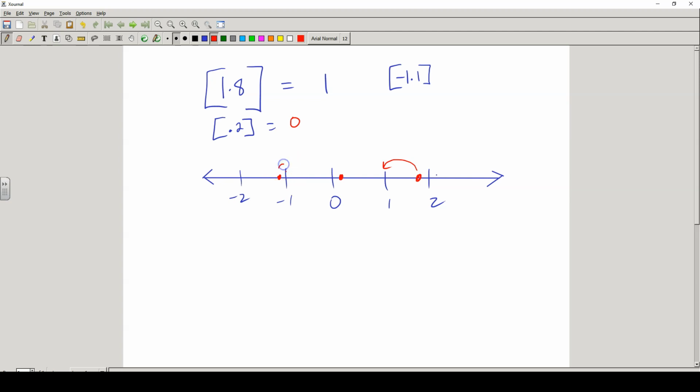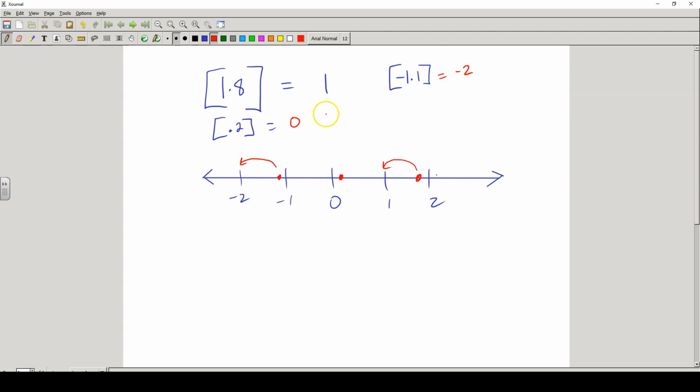So we don't round up or truncate. We always round down. So in this case, it does go to -2. So just think of the number line, and no matter what value we put in that function, it just keeps going and rounds it down, or to the left on the number line.